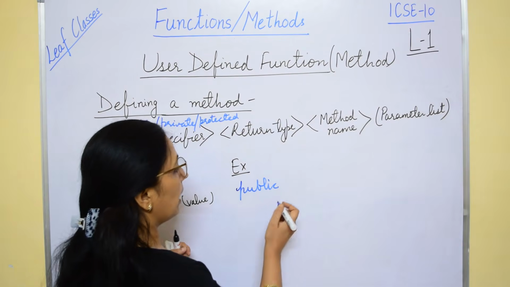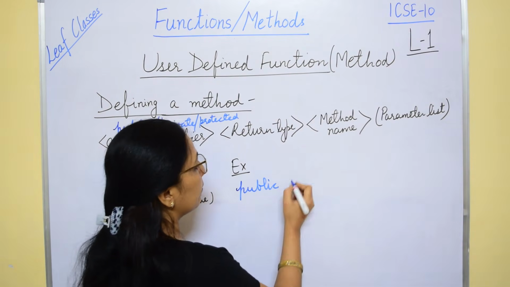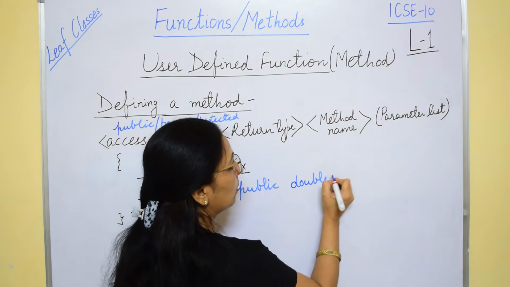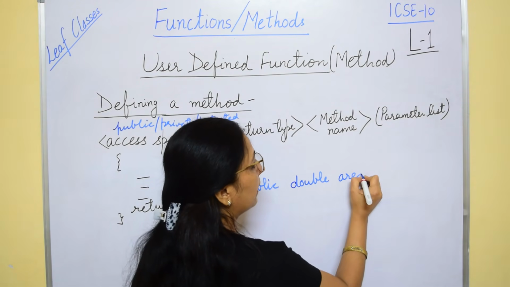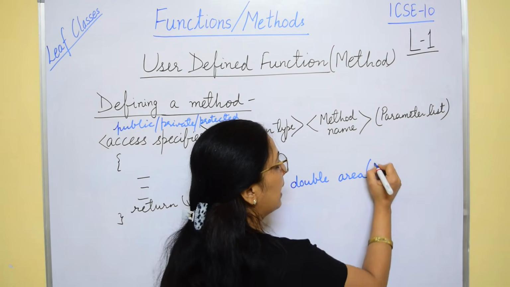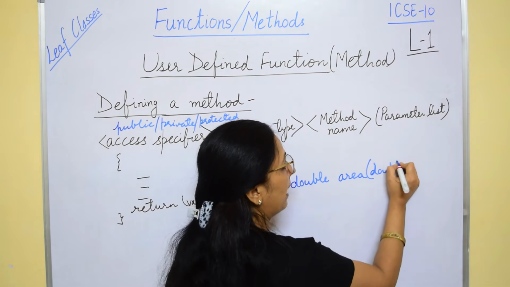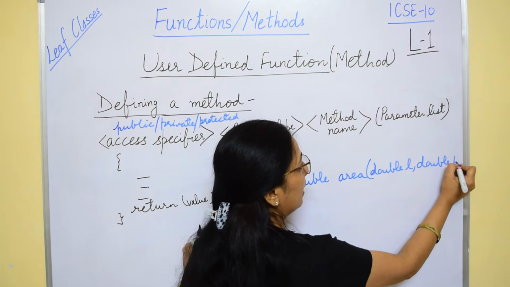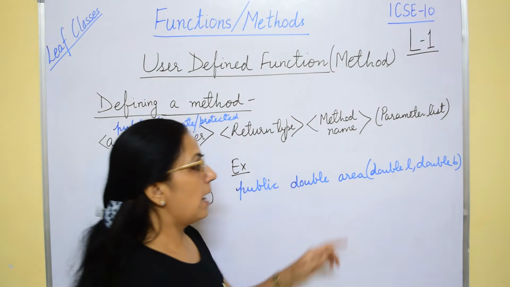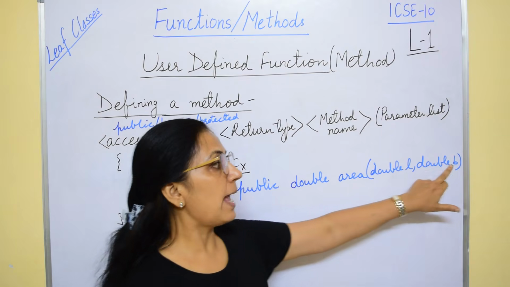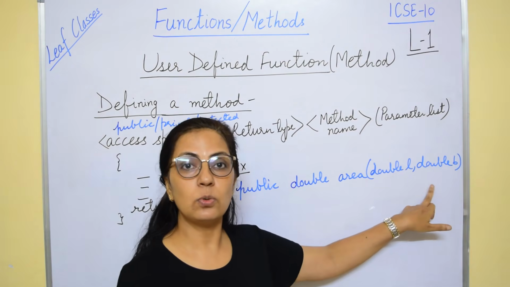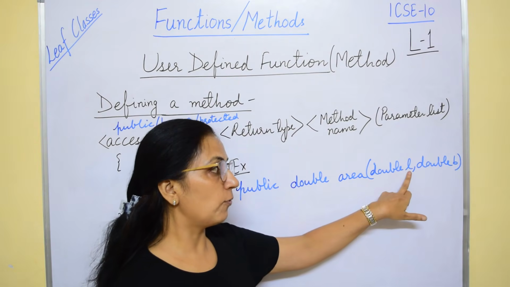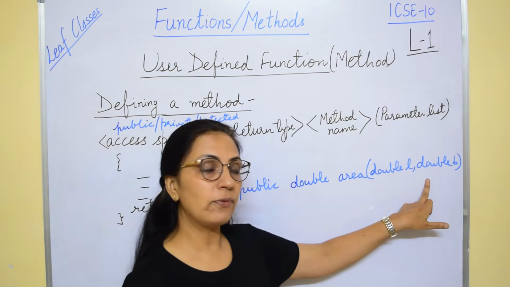Okay. Now after this we give the return type. Suppose I want to calculate the area of a rectangle, and for that I am giving two parameters to that, length and breadth. So I am giving L and B. In this I want to use length and breadth. L is double and B is also of double type.